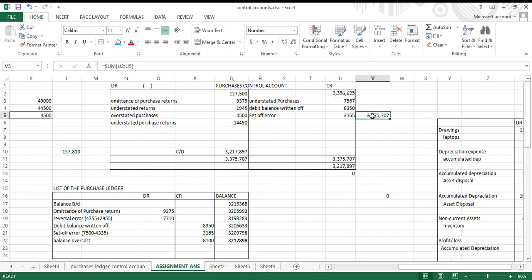Then on our debit side, we total up also. We get 157,810.